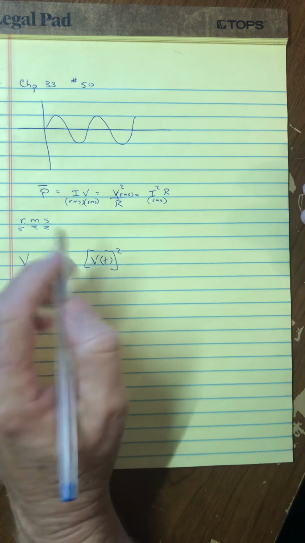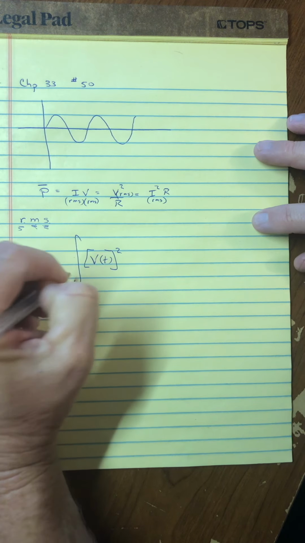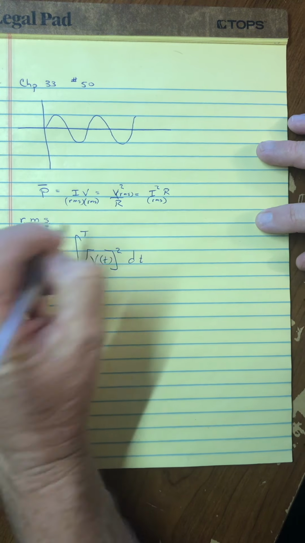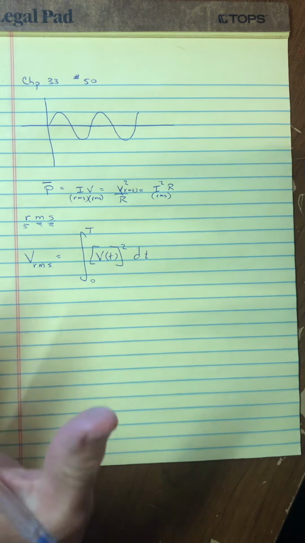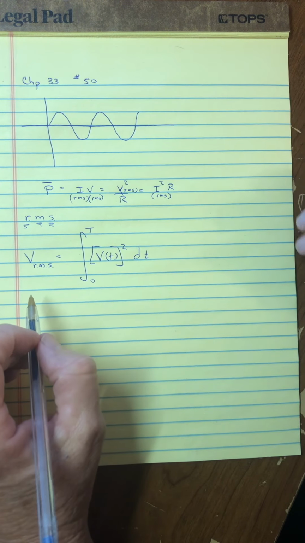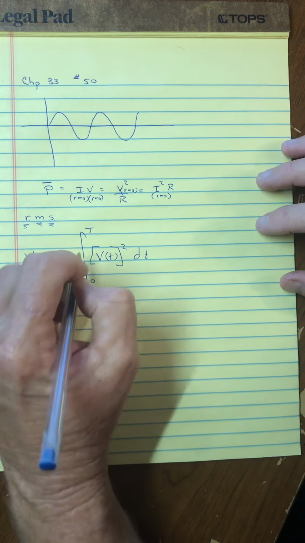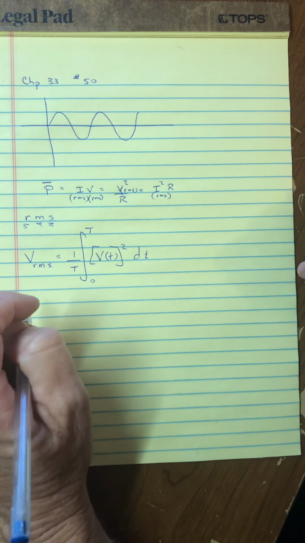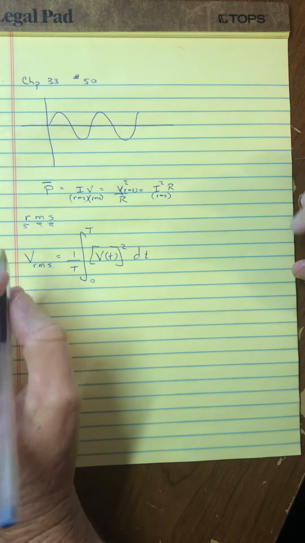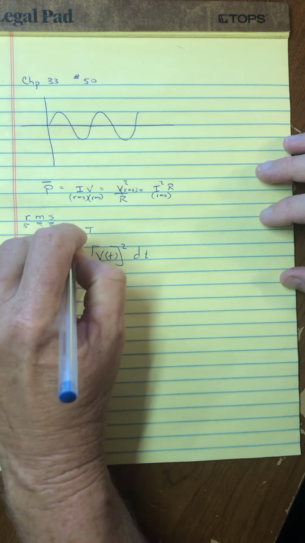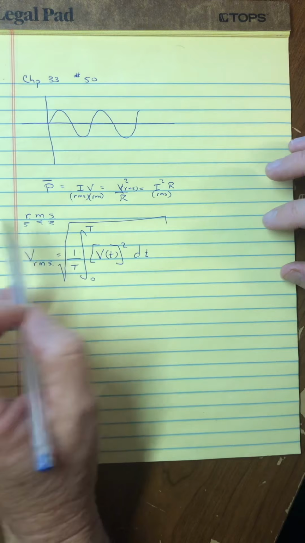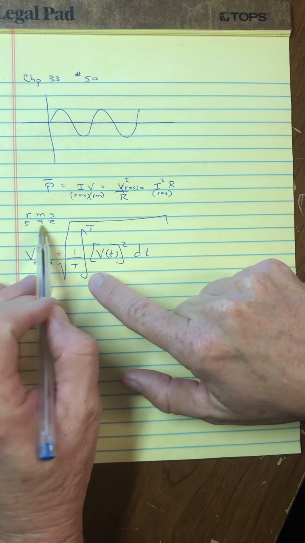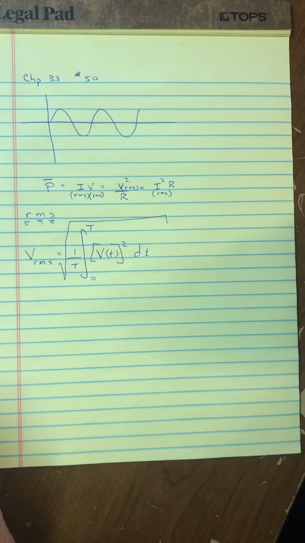You then average it, so that means add it up over one cycle, 0 to T, and divide by that time. And then you take the square root of all of this. As the name implies, these are your operations.